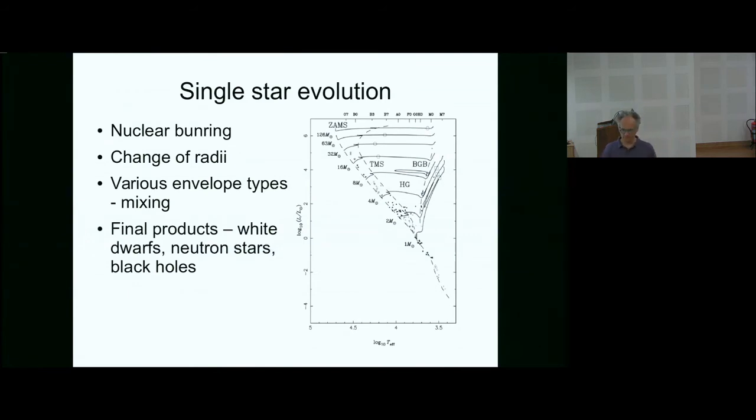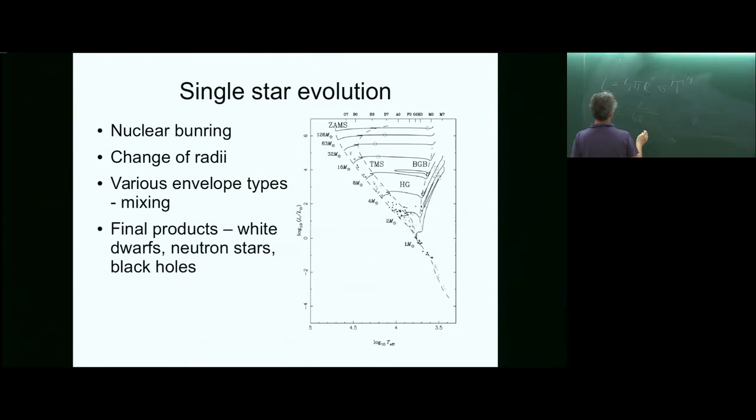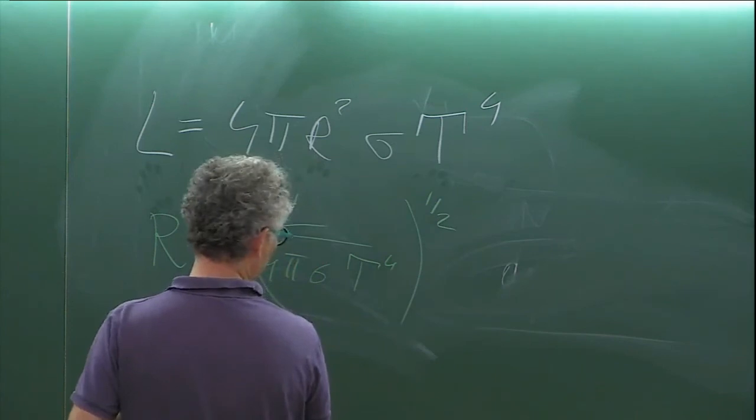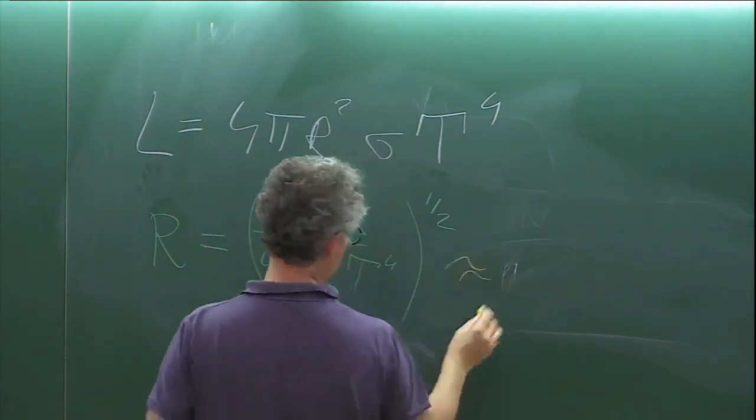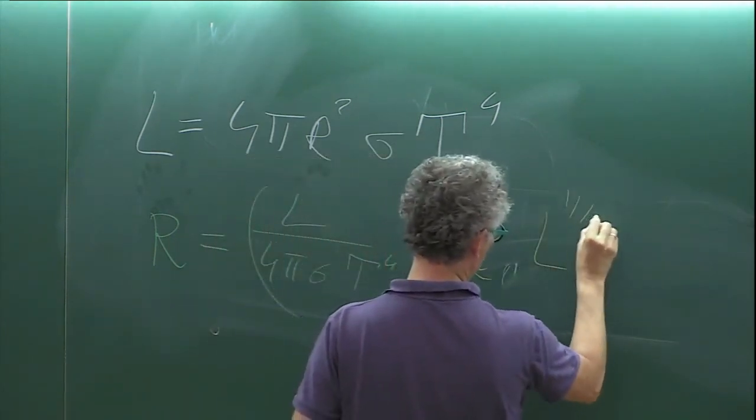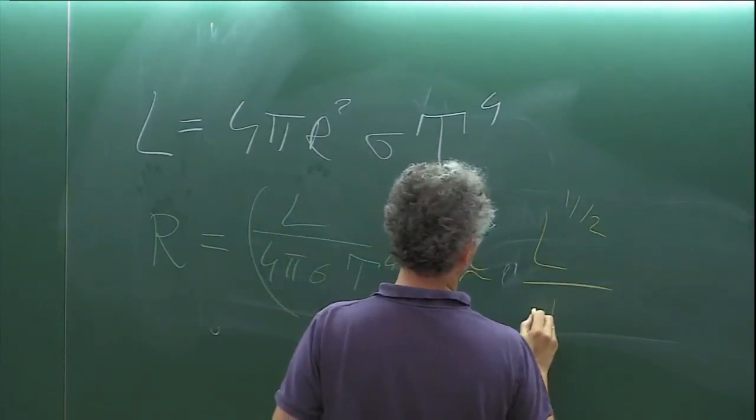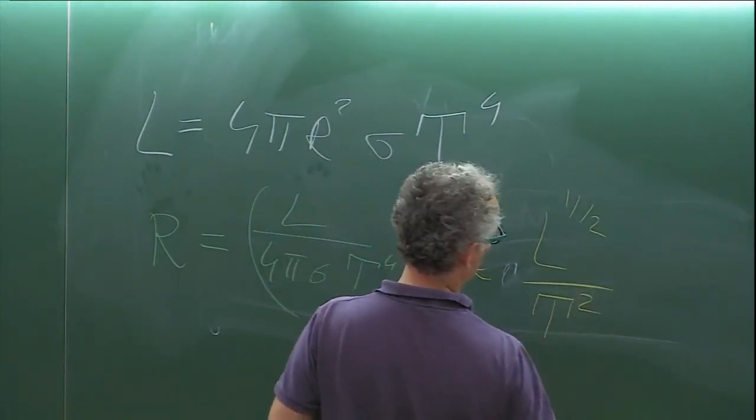So we can do the scaling here. R is equal to the square root of L over 4 pi sigma T to the 4th, so that scales as L to the 1/2 divided by T squared.